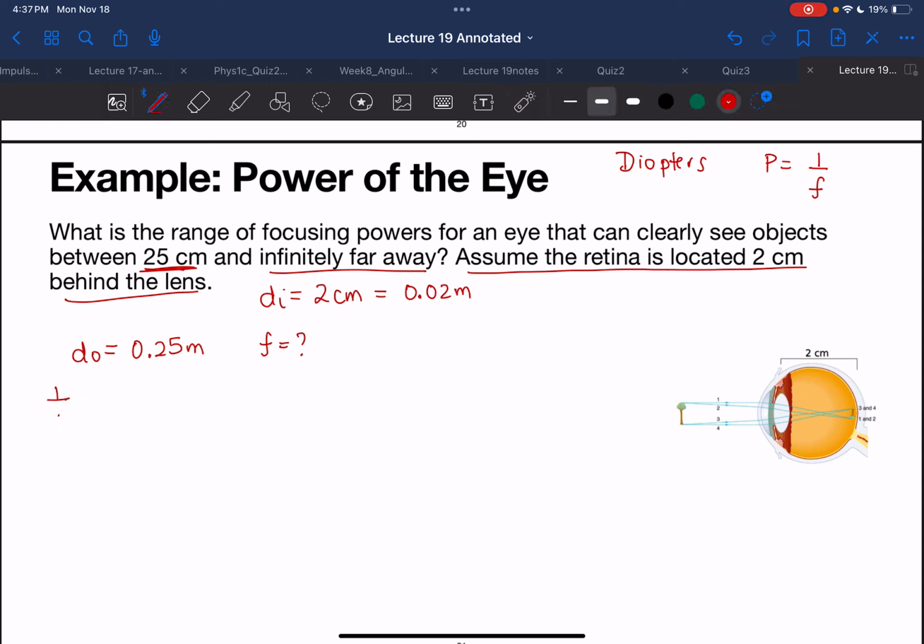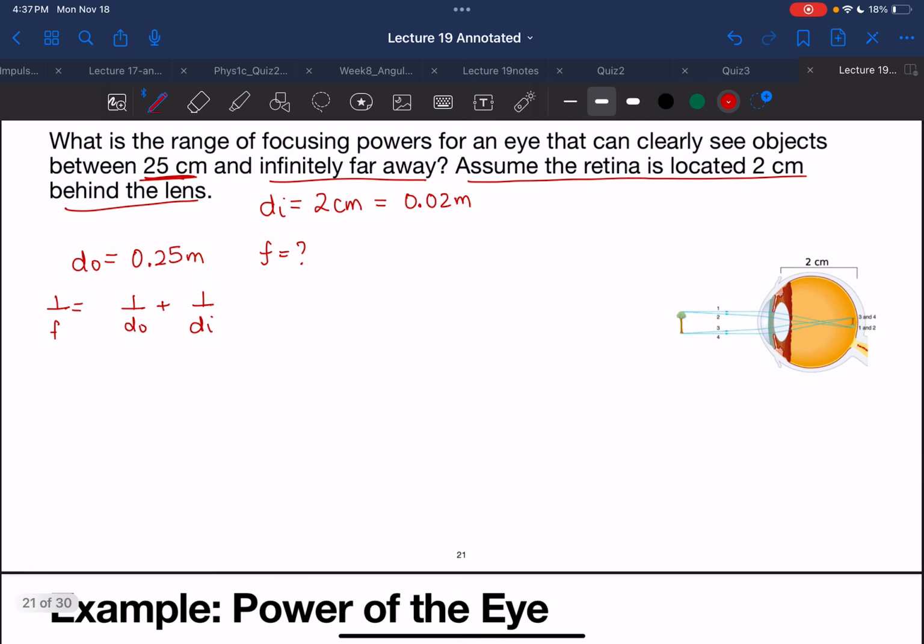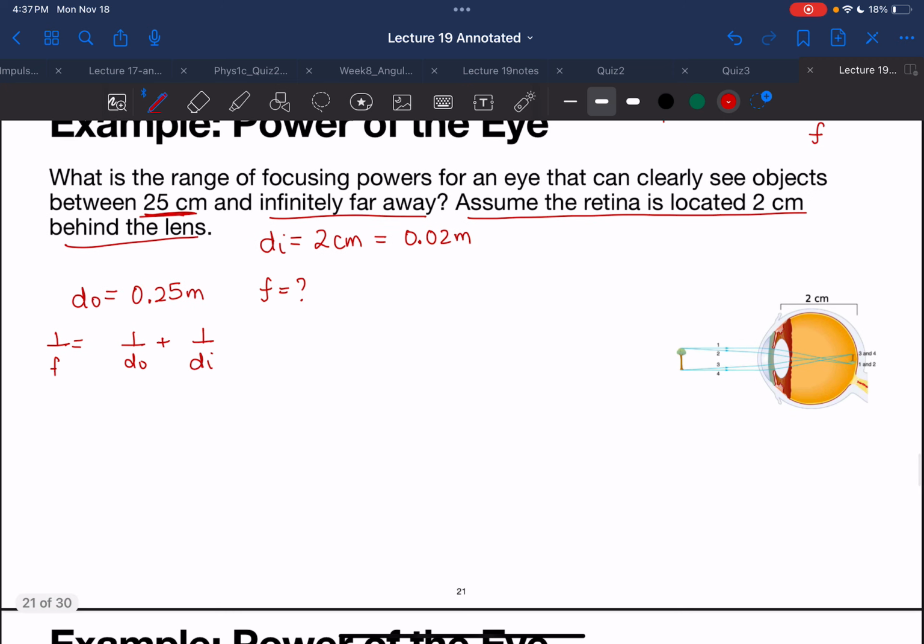So we have 1 over f is equal to 1 over object distance plus 1 over image distance. And actually 1 over f is exactly what the power is. So let's just replace that with the power. This is equal to 1 over do, which is 1 over 0.25, plus 1 over di, which is 1 over 0.02. And let's go ahead and plug these numbers into our calculator.